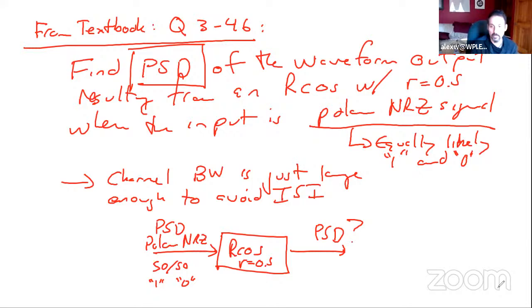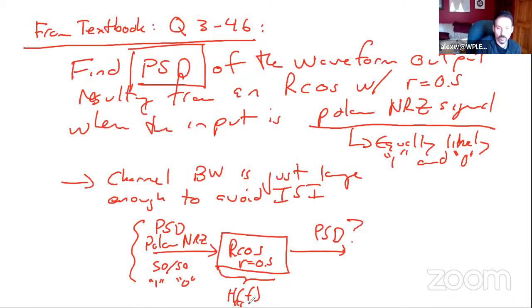Why? Because, so first of all, here we have the RCOS. We're going to need its transfer function. That's well defined, right? We're going to need the PSD of the input. That's well defined. And we know the relationship between the two, okay, what is it? The PSD of the output is going to be equal to the magnitude squared. So I'm going to do a little bit better nomenclature.